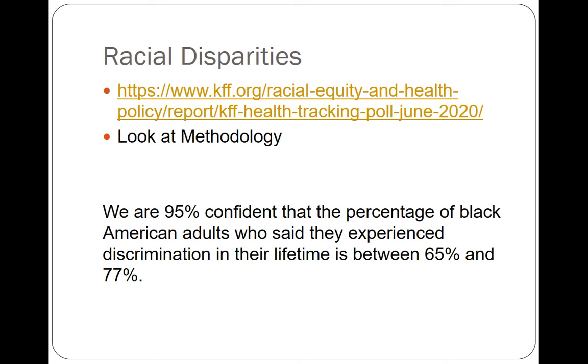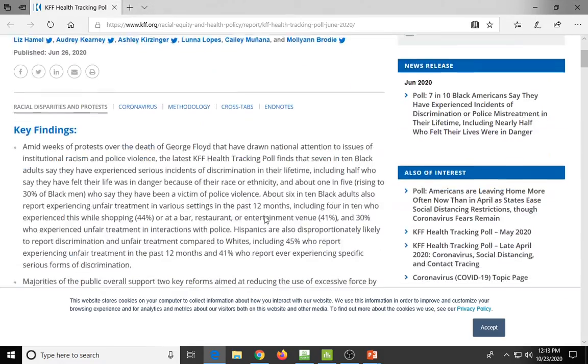So let's go ahead and take a look at an example of racial disparity. This one, we almost got to it on Wednesday. It is actually in the course pack. The Kaiser Family Foundation did a study, and this was in June 2020.